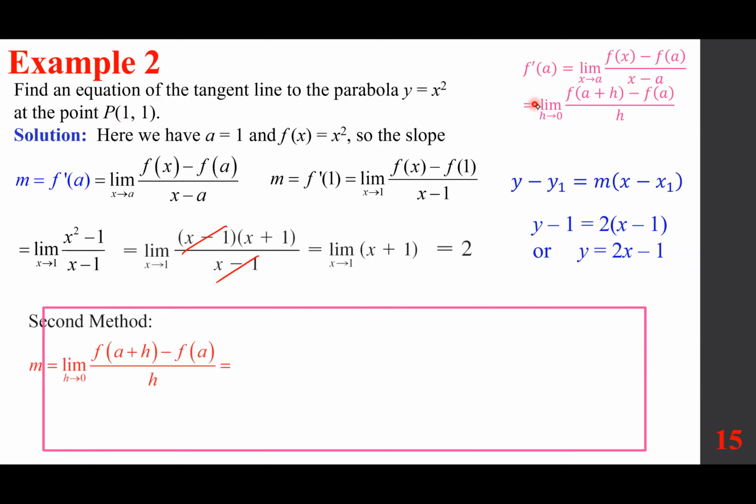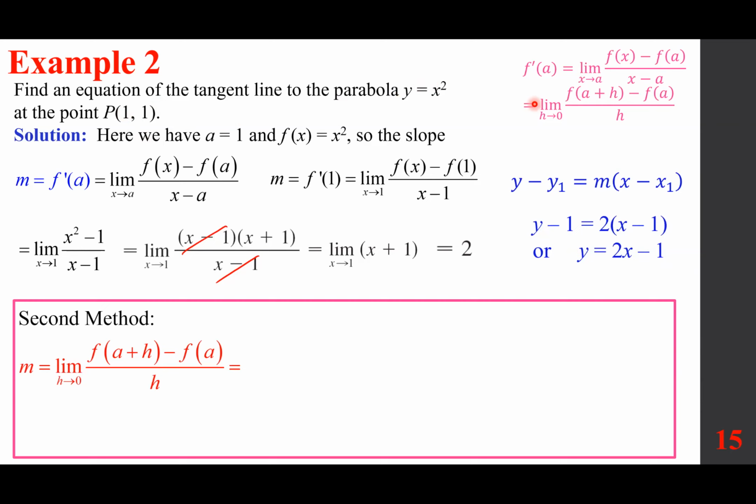So if we go this route and we replace the a with the x coordinate, which is 1. So f of 1 plus h, we put it into the original function y, or f of x. F of 1, you can plug it in or just use the y coordinate here.